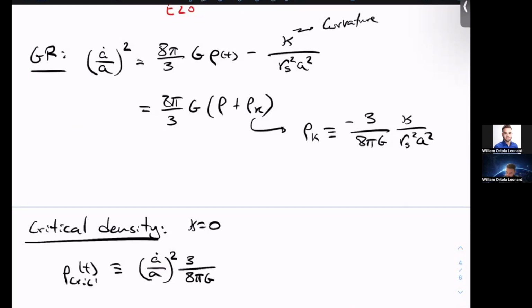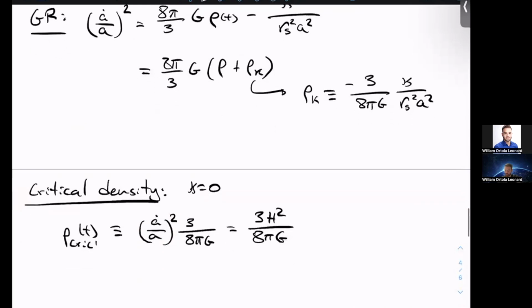If you remember from previous lectures or from the last video, we defined this ratio between a dot and a as the Hubble parameter, which means we can simply write this as 3H squared divided by 8 pi G. This is basically what we find for the critical density.